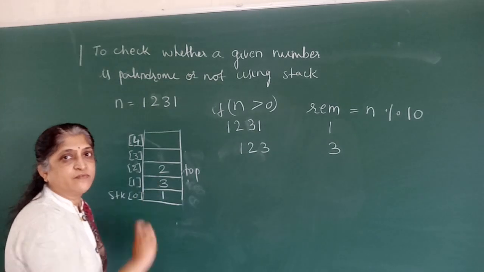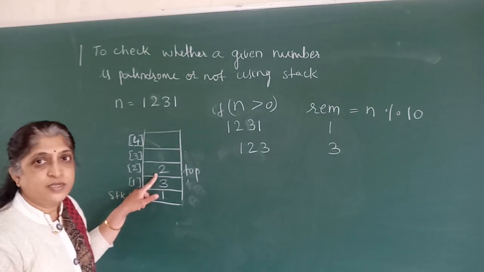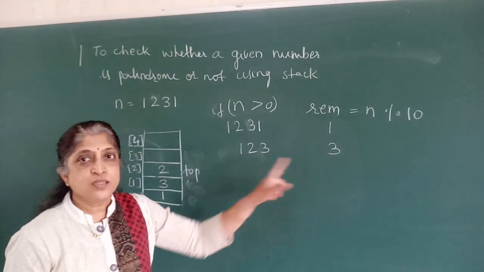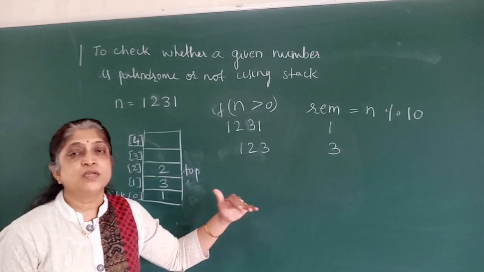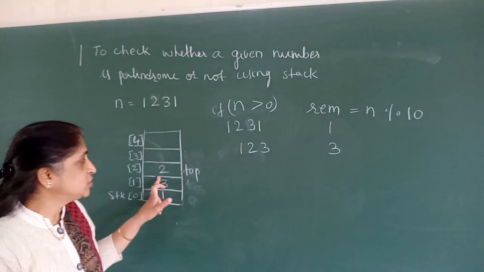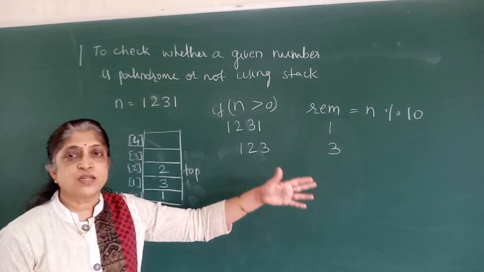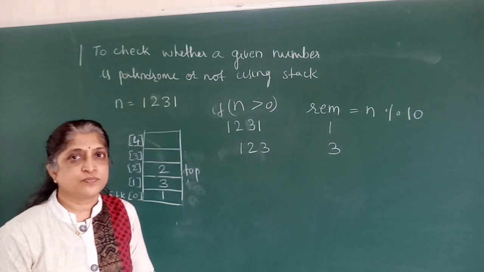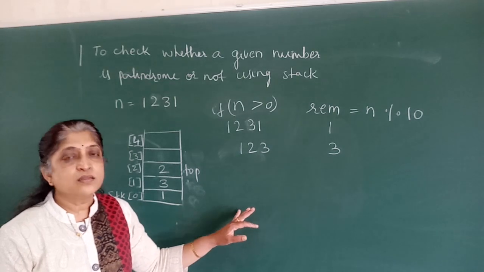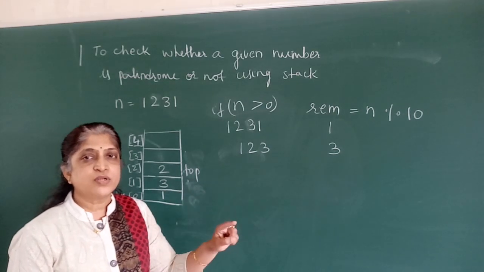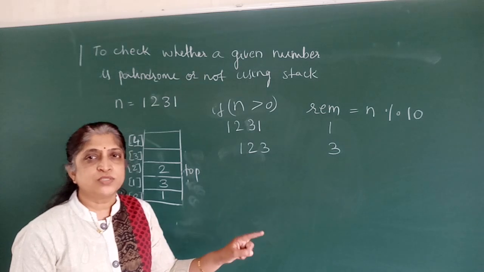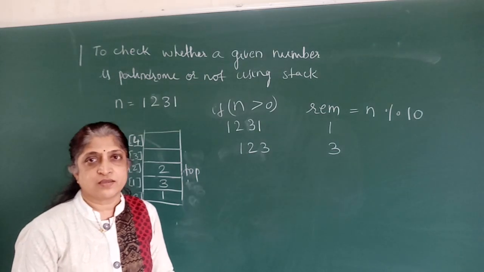On top of the stack we have 2, I pop the element 2, compare it with 3, these two are not equal, so you can stop the further iterations of the loop. 2 is not matching with 3, that means the number is not a palindrome. This is how we can test whether a given number is a palindrome or not using a stack.